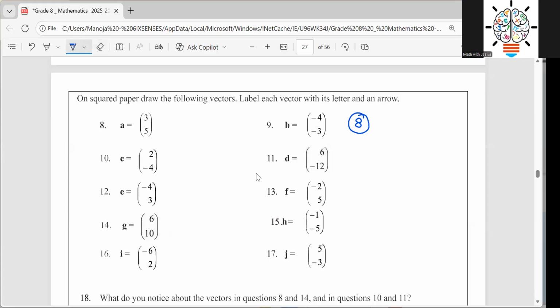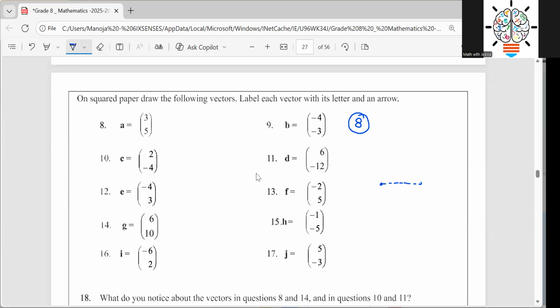In that case, I start from a particular point and I count 1, 2, 3, 4. Oh no, I want to go only 3, right? Likewise, you just count the squares. 1, 2, 3.